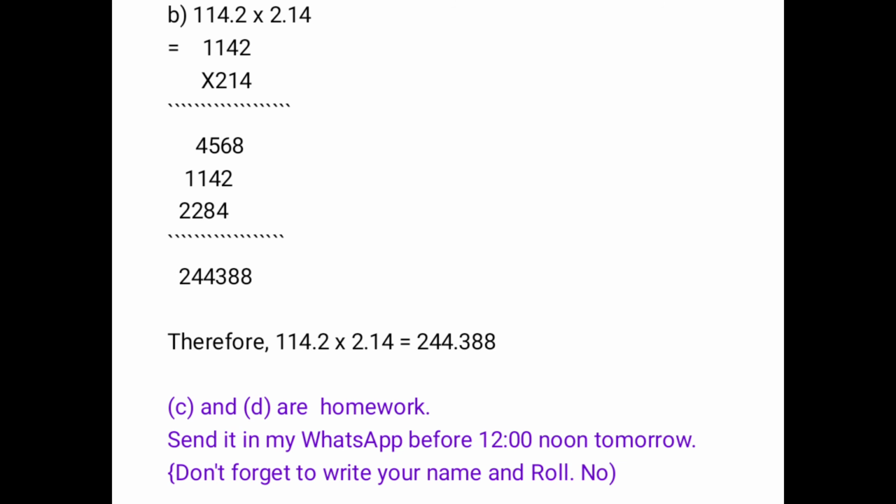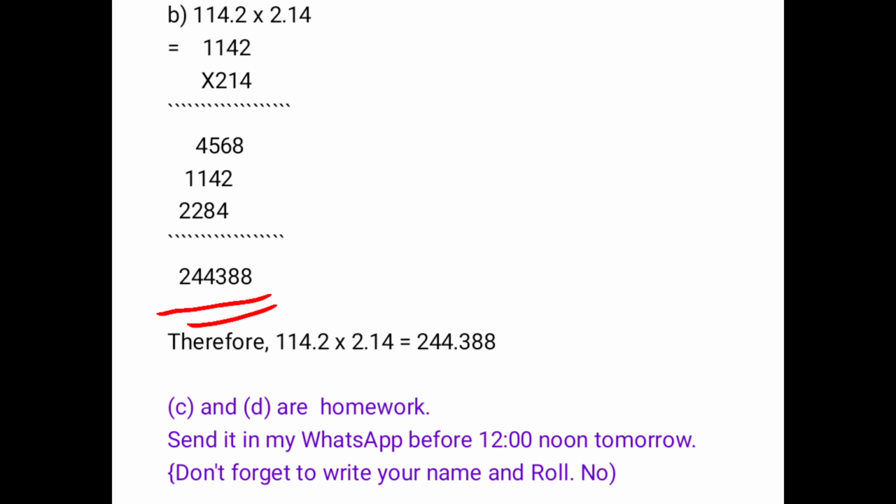B, 114.2 into 2.14, and when you multiply these two numbers also, you remove the decimal point and multiply it as always. After multiplying it you will get an answer there.